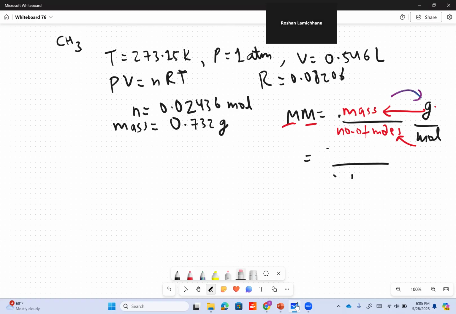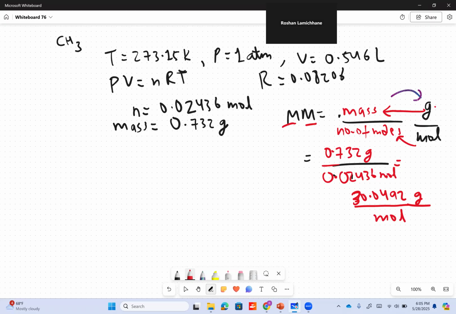My mass is given to me as a 0.732 gram sample and 0.02436 mole. That's my molar mass, which is going to be 30.0492 grams per mole. Right.